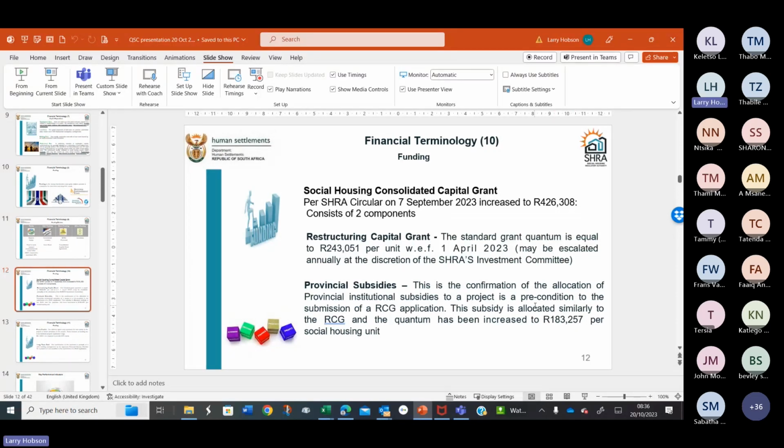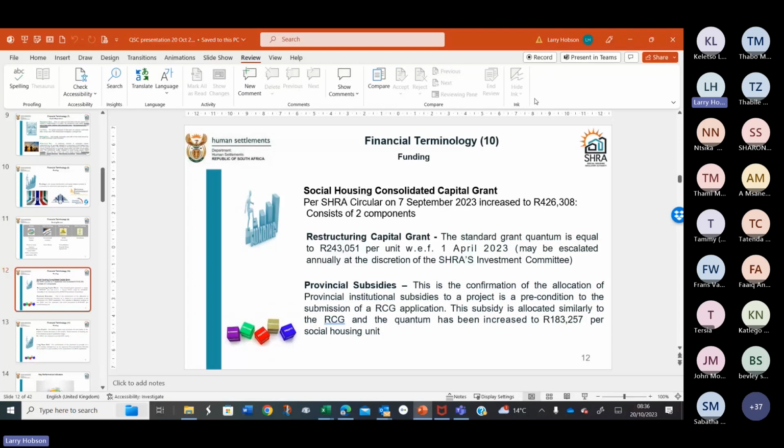So if you are successful with a project application as a result of what you've done in your QuickScan A and B and C, that's how much you'll be getting per unit. You've still got to keep your costs down, because what you can't fund out of a subsidy, you've got to fund with loans, and those loans have to be repaid out of your running income over the years.